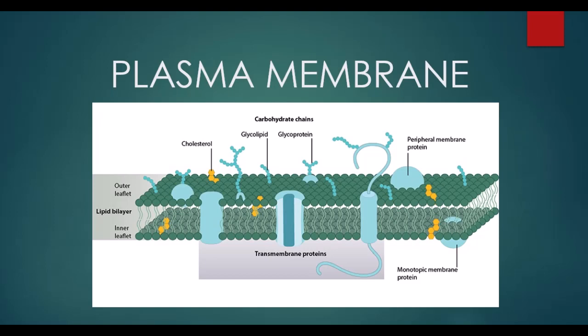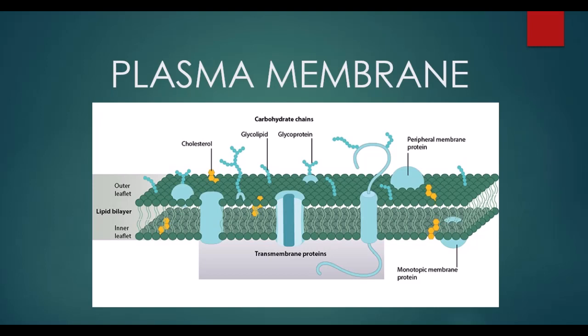There are a few important factors that influence the fluidity of the plasma membrane. The first is that lipids containing unsaturated fatty acids increase membrane fluidity. Second is that as temperature increases, phospholipid bilayer fluidity also increases.